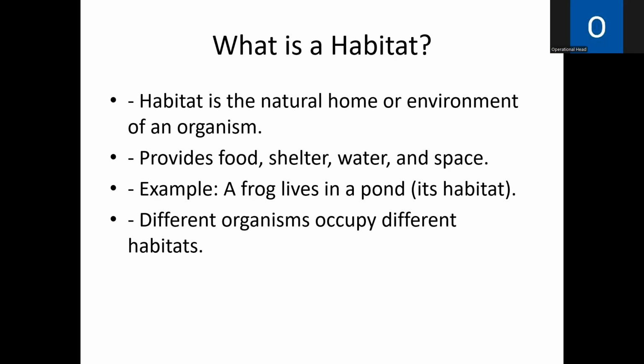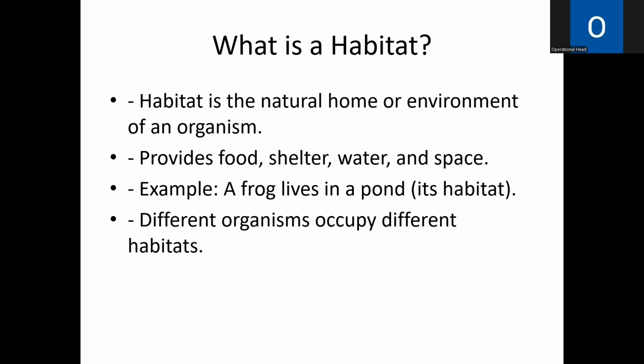What is a habitat? Yes, the question comes to mind. It's very simple. Habitat is the natural home or environment of an organism. A habitat provides food, shelter, water, space. For example, a frog lives in a pond, its habitat. Different organisms occupy different habitats.